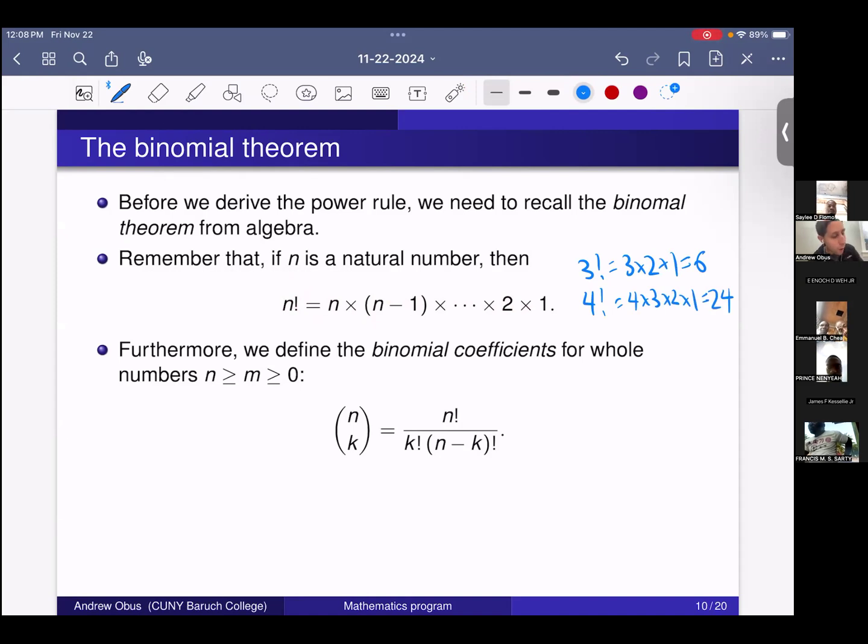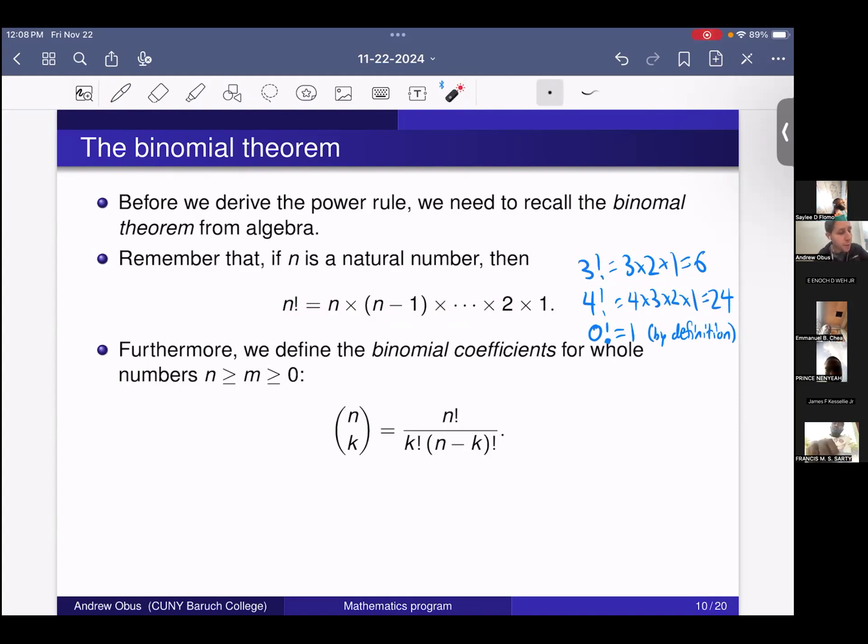And one little bit of convention that's going to be kind of important is that 0 factorial is equal to 1. And we really think of this as a definition. Okay, so 0 factorial is equal to 1 by definition. Okay, you might think it would be 0, but it actually turns out to make much more sense to have 0 factorial be 1. Okay, so this is n factorial, and we use an exclamation mark to symbolize it.